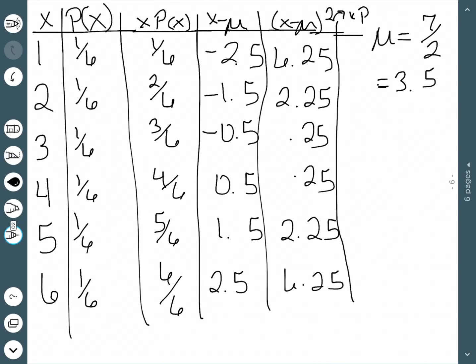So 6.25 times 1 over 6, roughly 1.04. 2.25 times 1 over 6, 0.375. 0.25 times 1 over 6, 0.041 or 0.042. Same thing here. This is 0.375 and 1.04.